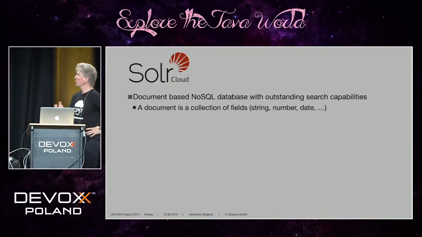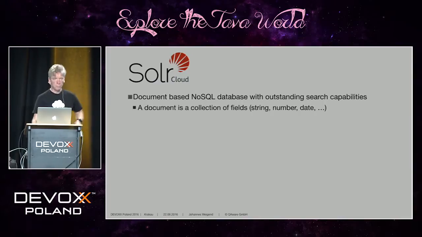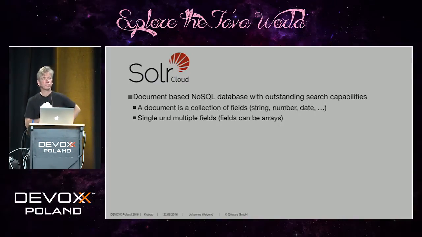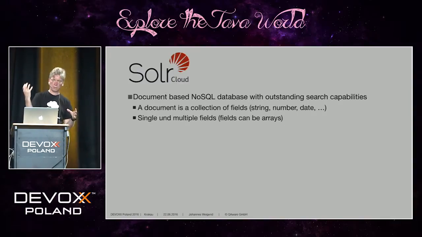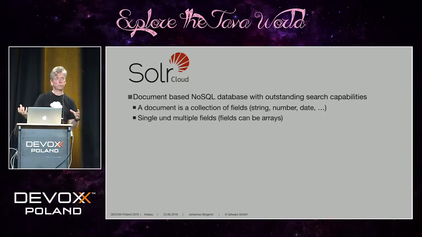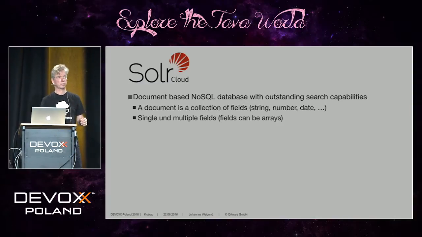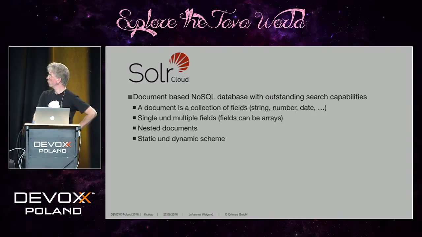The thing here is that a document is a collection of fields, and they have types and can be arrays. And that's a very, very powerful feature. You can put an array in a single field and search over that. And you can nest documents.